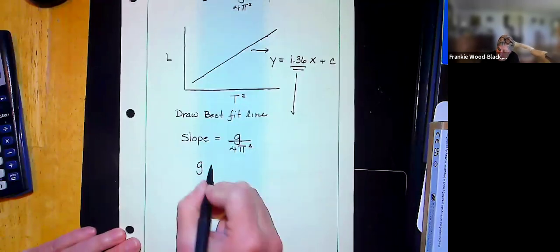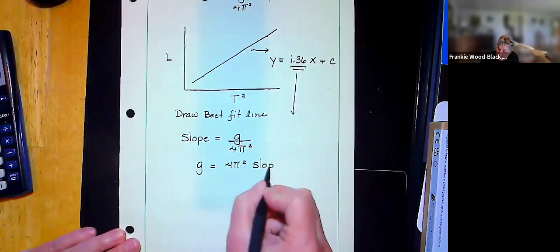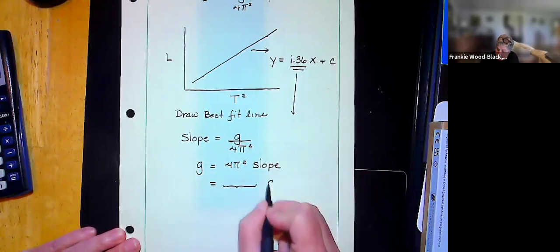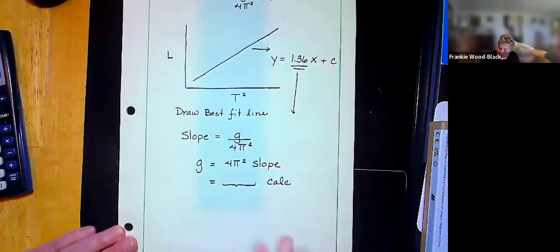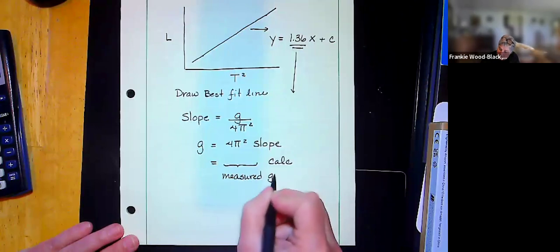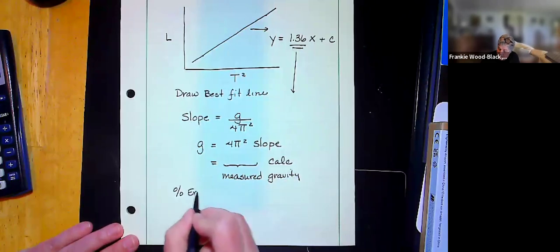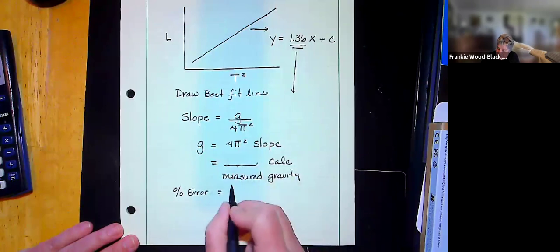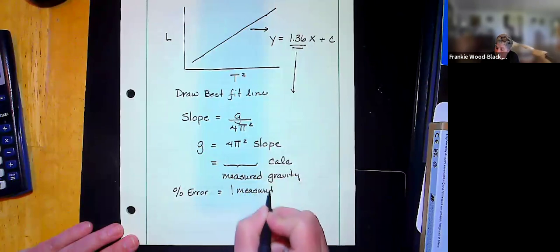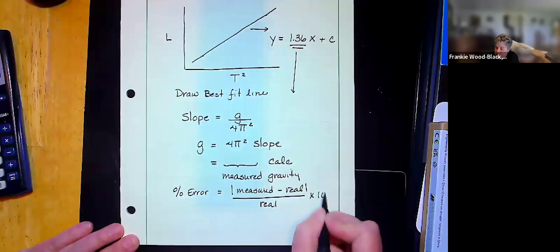So to find gravity, it's going to be 4 pi squared times my slope. And that should equal whatever value you calculate. This is your measured gravity. You're going to want to do a percent error of that value times 100%.